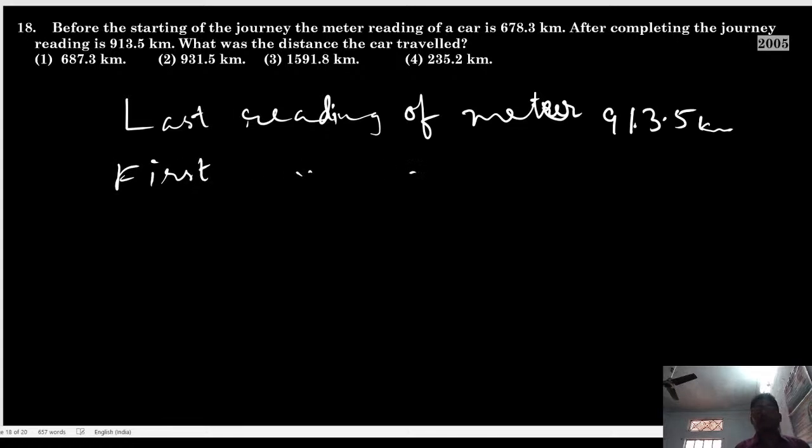First reading of meter is 678.3 kilometers.